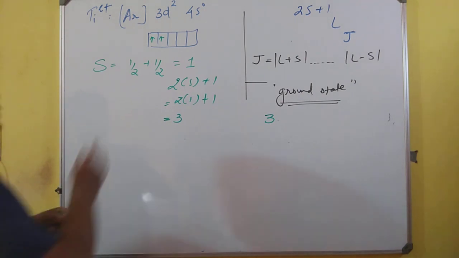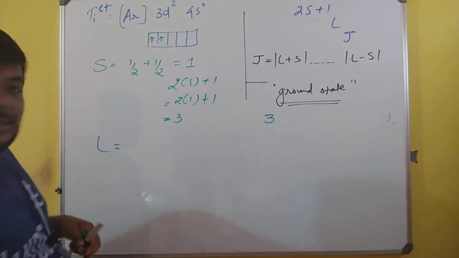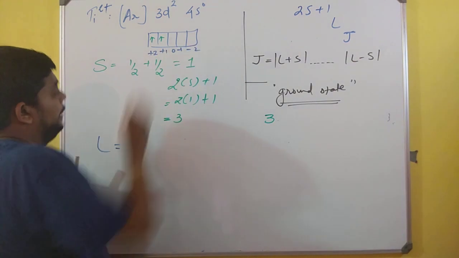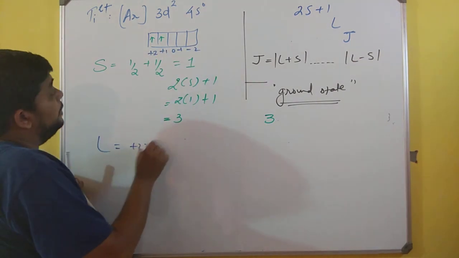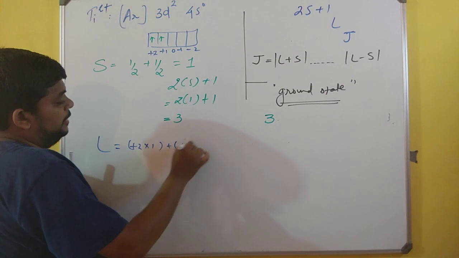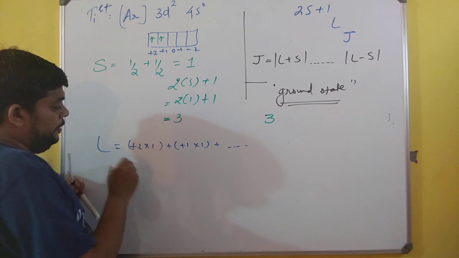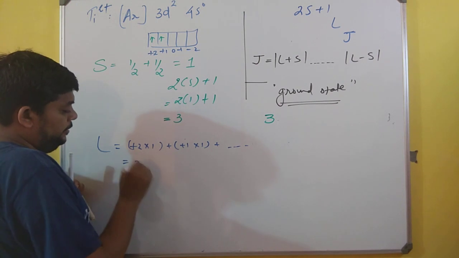Now going for the value of L, it is very simple: it is plus 2, plus 1, 0, minus 1 and minus 2. So plus 2 multiplied by 1, plus 1 multiplied by 1. Then you have nothing to write because it is 0. So you will end up with 3.